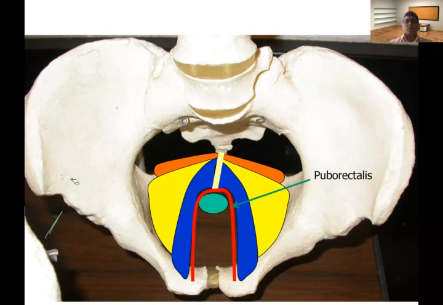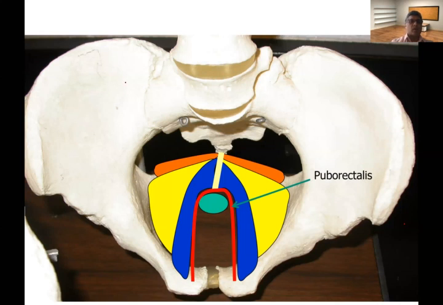Okay, now the innermost fibers of the pubococcygeus muscle are called puborectalis. This inner layer of the pubococcygeus, which is called puborectalis, forms a sling around the anorectal junction.